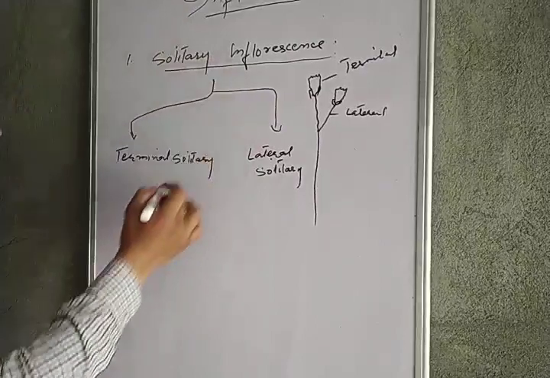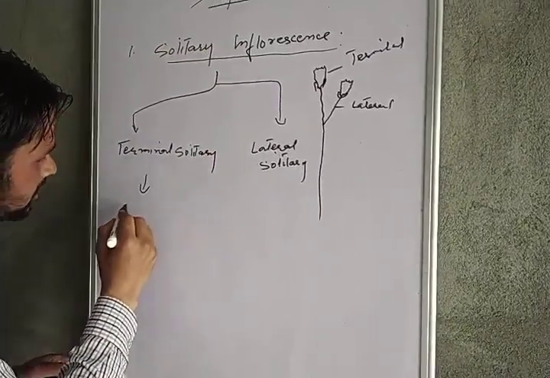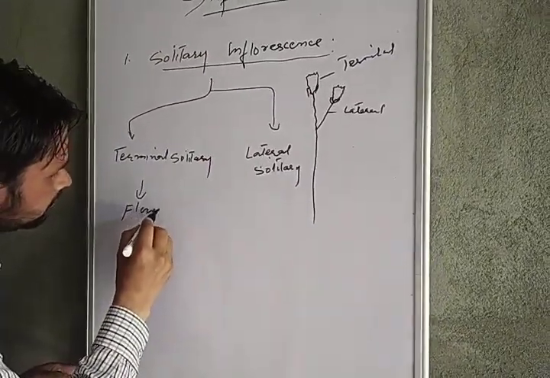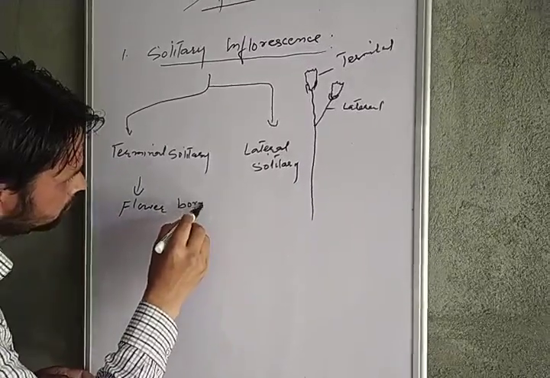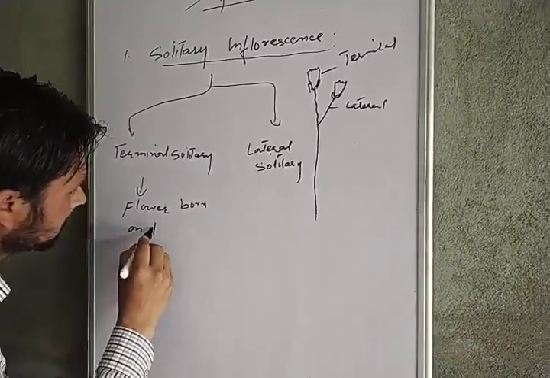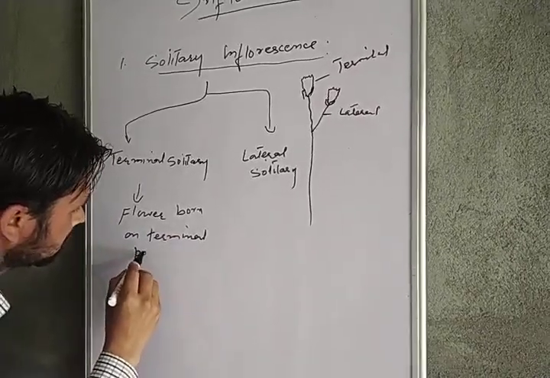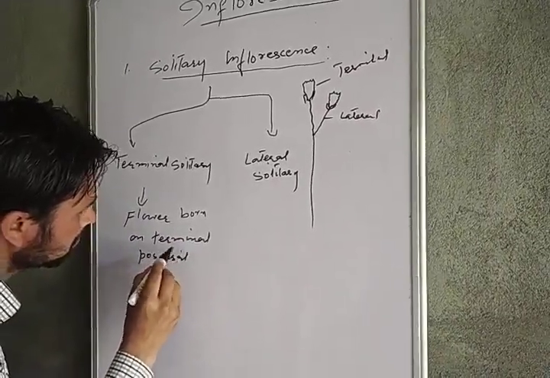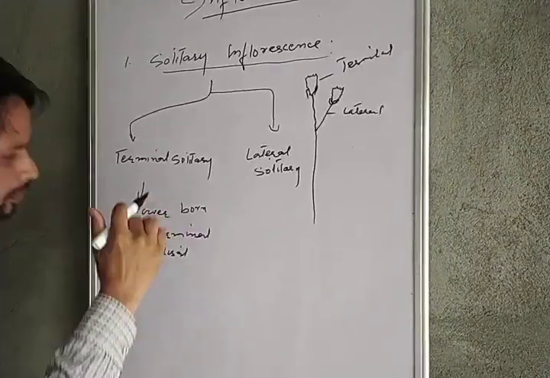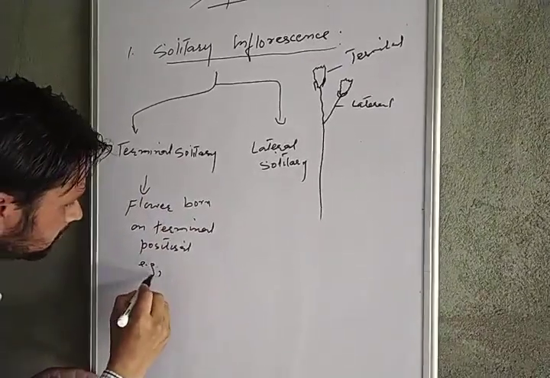So terminal means the flower is born at the terminal position, for example, poppy.